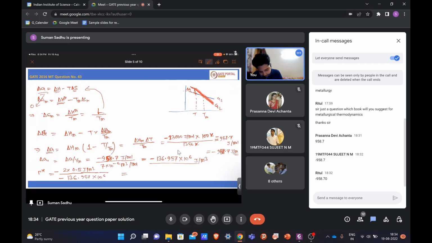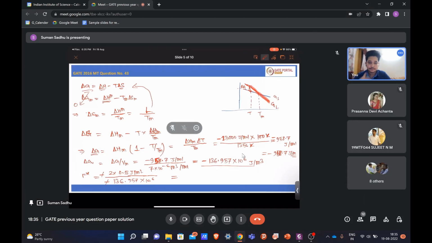So how much is it coming? That minus and minus will get cancelled out. So now how much is the critical radius coming? Anyone has calculated it?